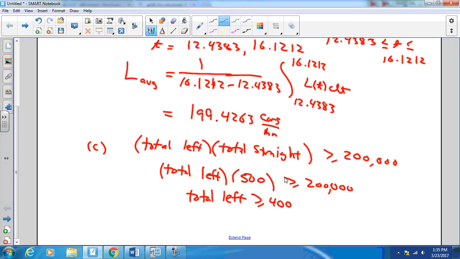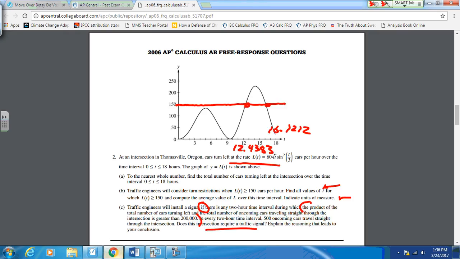Now, this is not the L of t, this is the total left. So I actually need to find a 2-hour time interval during which my total left is going to be 400. What's my best bet? Right, something around the max over here. And the max looks like it's around 15.